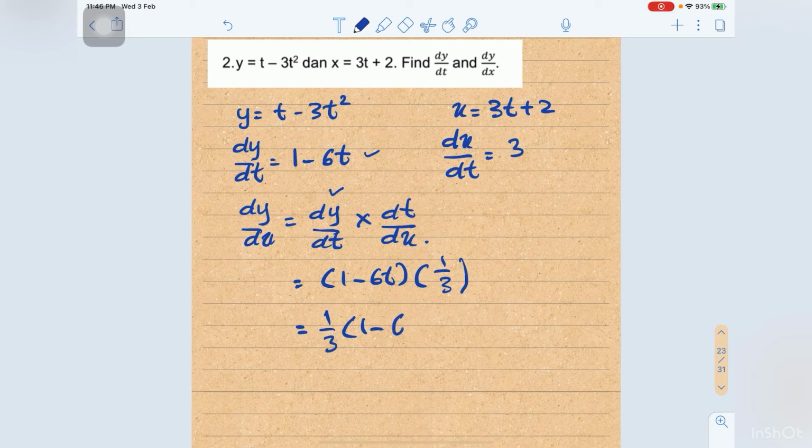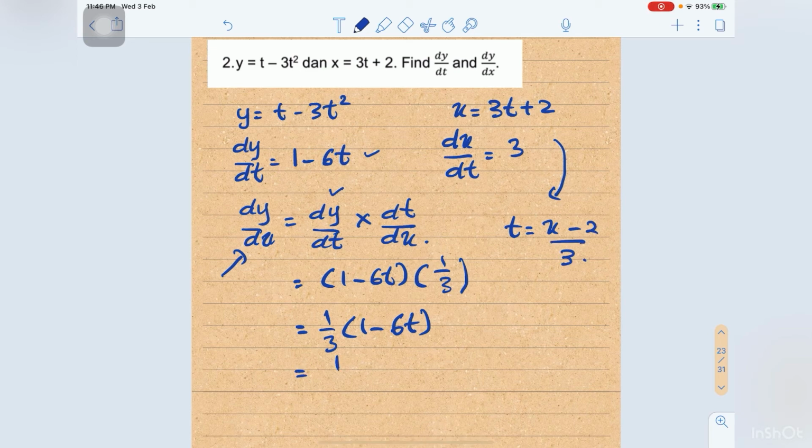So now we have 1/3 times (1 minus 6t). But if we are going to find dy/dx, we must express the answer in terms of x. Then we substitute t in terms of x. From here we have t equals (x minus 2)/3.